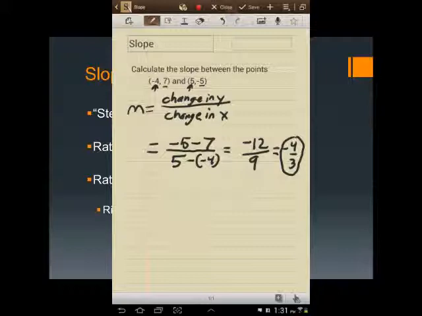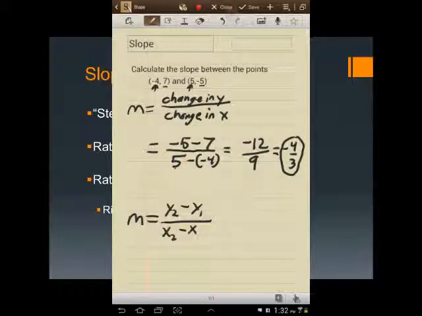For those of you who like formulas, you can look at this and go, well, I took the second y coordinate and subtracted the first y coordinate. When you're doing this, be sure when you do y's, you do a y and then on the other y, over the second x coordinate minus the first x coordinate.